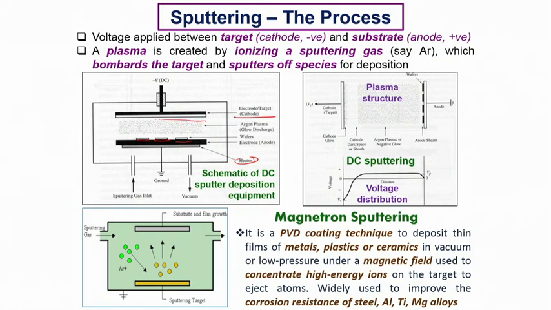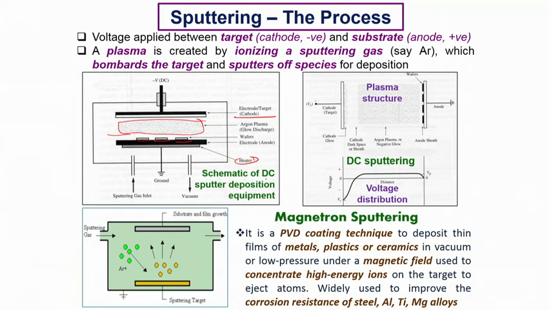So, this argon plasma that you create covers the entire distance in between except thin layers, some kind of a sheath which is devoid of very high density of these ions.